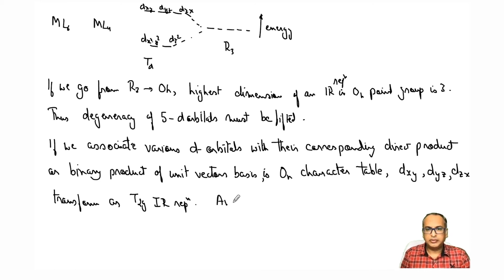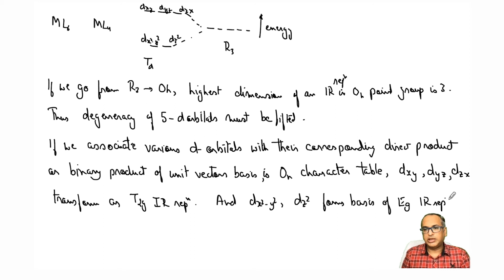And dx square minus y square and dz square form the basis of the Eg IR representation. So because they do that, they will be degenerate, and these 3 will be degenerate.